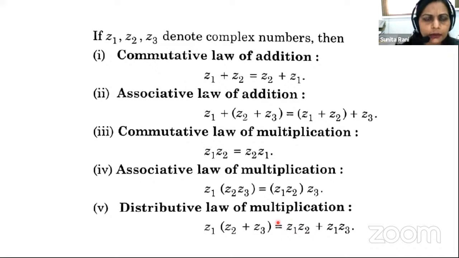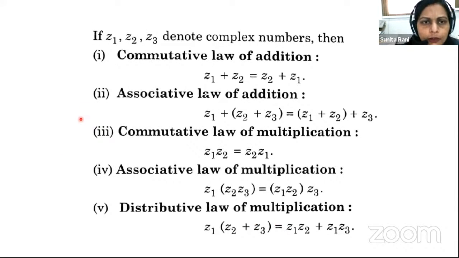Next, there are some laws for more than two complex numbers. There are some basic laws: commutative law, associative law, commutative law for multiplication, associative law for multiplication, and distributive law, where addition and multiplication both operations are there.